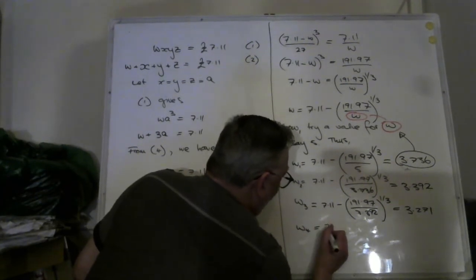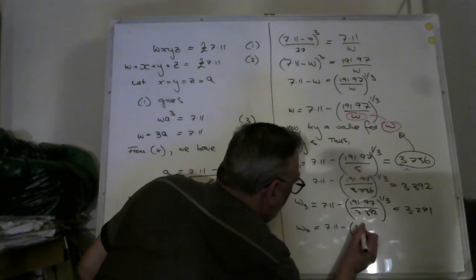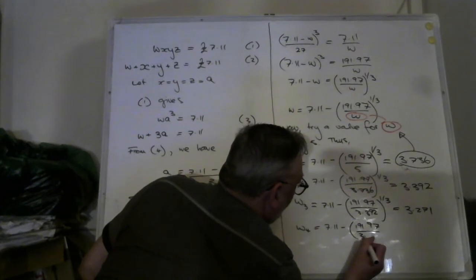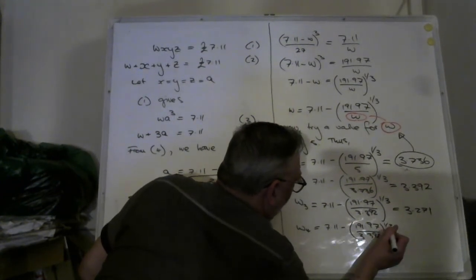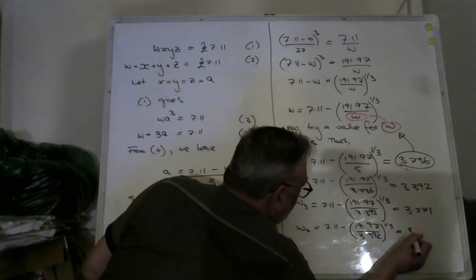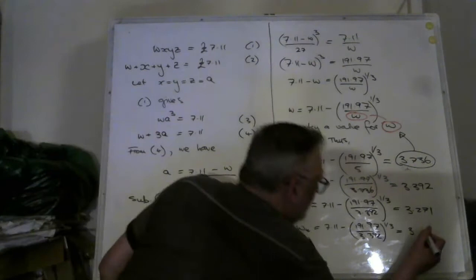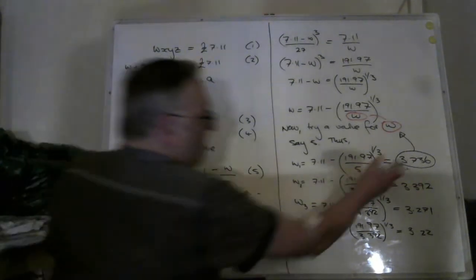So we get 7.11 minus 191.97 over 3.392 to the power 1/3, and that's equal to 3.22. So it's coming down more slowly now, as you might notice.